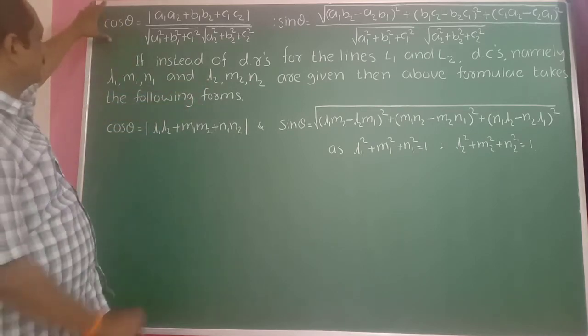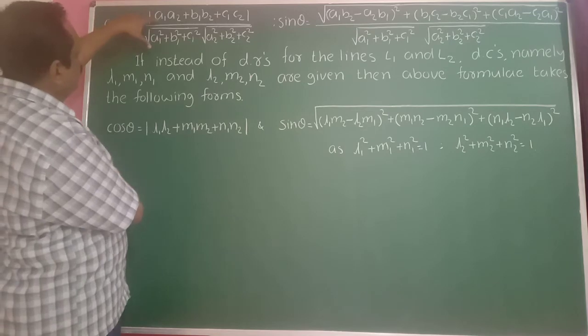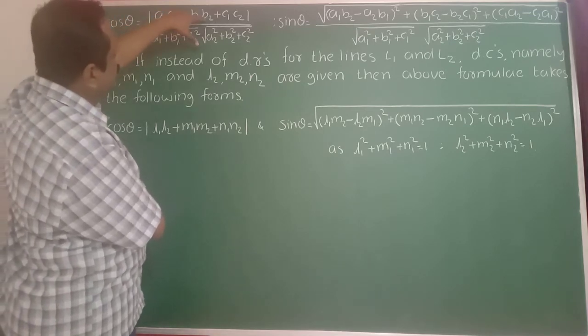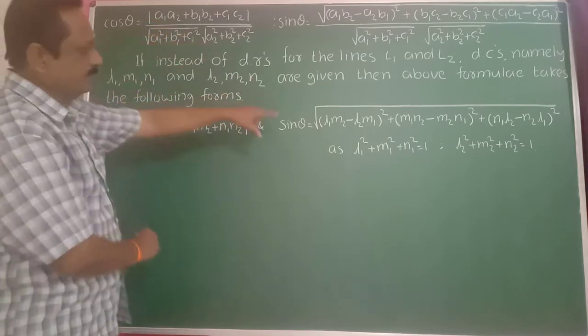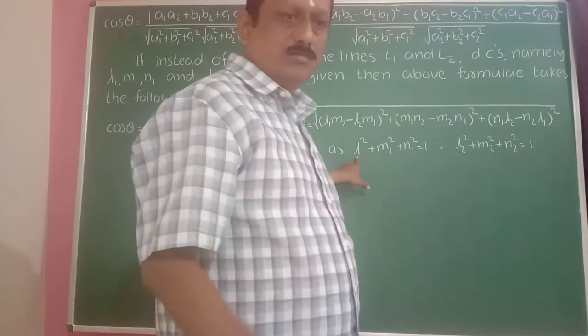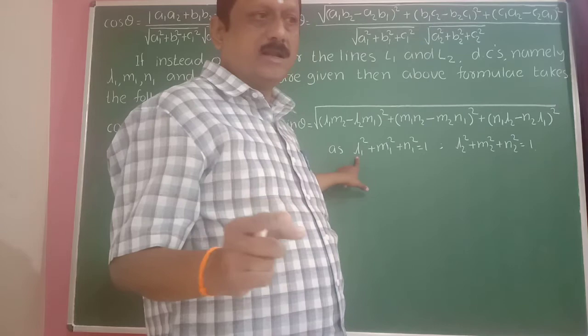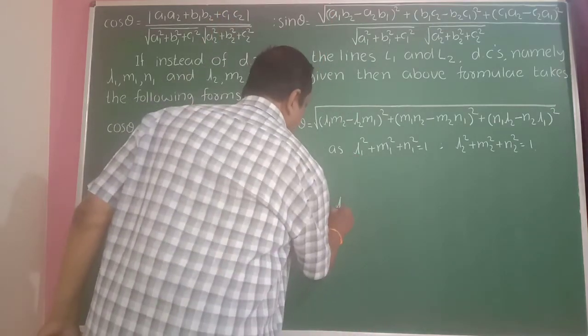This formula becomes cos theta equal to l1 l2 plus m1 m2 plus n1 n2, divided by this becomes 1, this becomes 1, because if l, m and n are direction cosines, then this condition is satisfied.